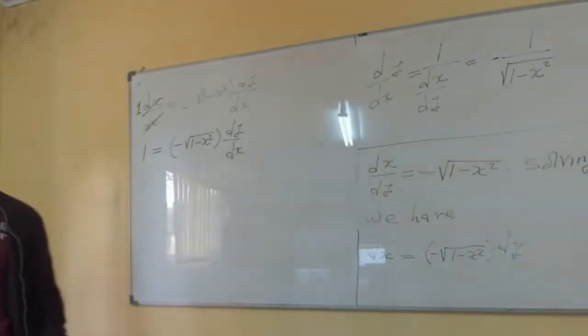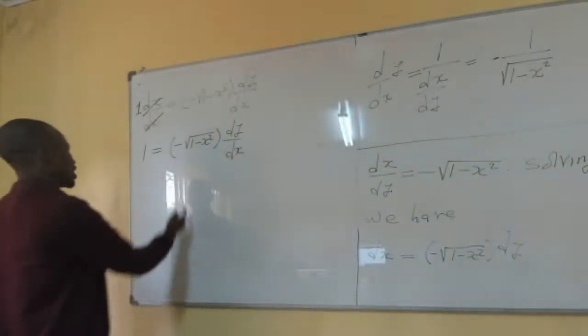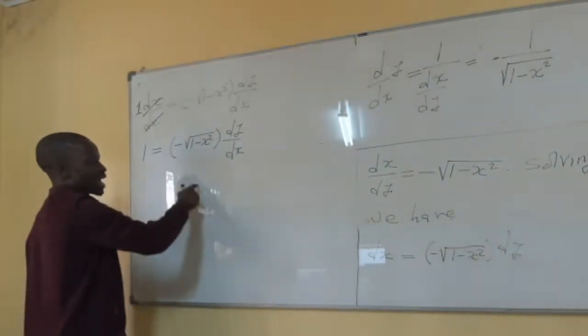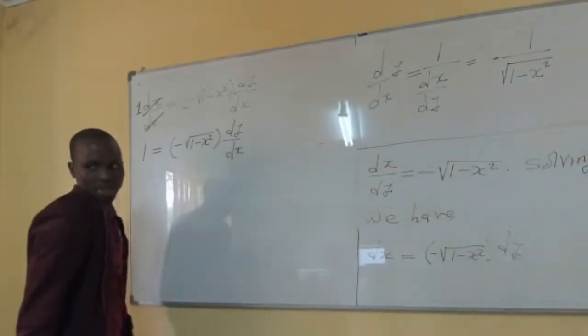But then we want to solve for dy dx. So if we divide through each term by negative square root of 1 minus x squared, then this side we are only going to remain with dy dx.